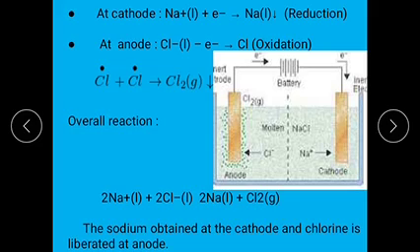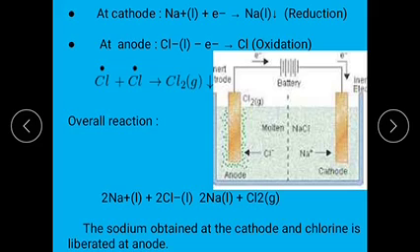Here it is losing electrons, so it is oxidized and gives Cl. This chlorine is unstable in the atomic state.